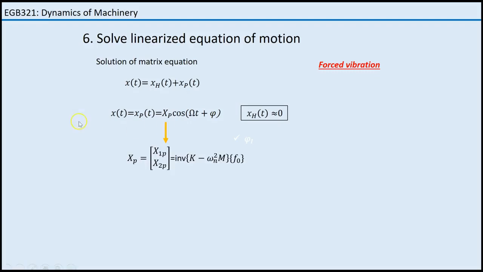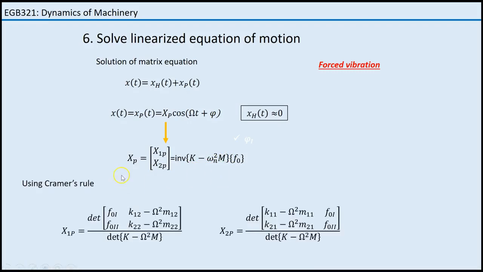We are now more interested in the amplitude of this particular solution, which can be expressed like this, where we want to get x1p and x2p as the inverse of this matrix. To get this equation, we need to use Cramer's rule. Replace the first column of this matrix with the force vector, and for the second amplitude we replace the second column with the force vector.